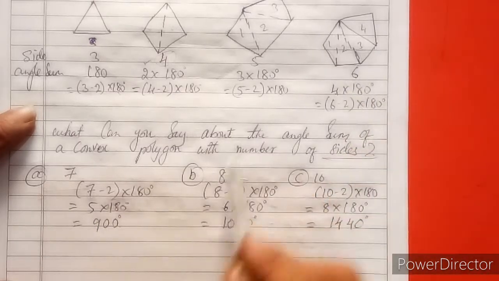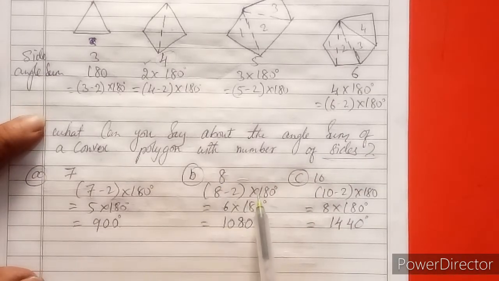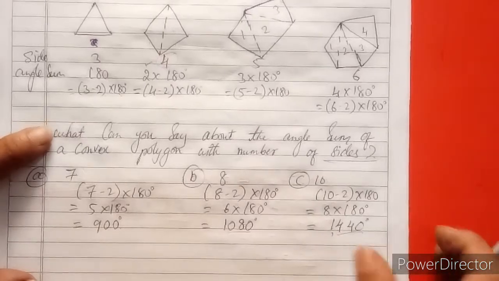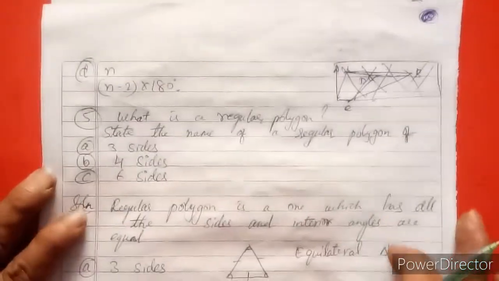Similarly for the 8-sided figure, 8 minus 2 into 180 degree, 8 minus 2 is 6, 6 into 180 degree we will get 1080. Similarly the C1 is given a 10-sided figure, 10 minus 2 into 180 degree, 10 minus 2 is 8, 8 into 180, we will get 1440.